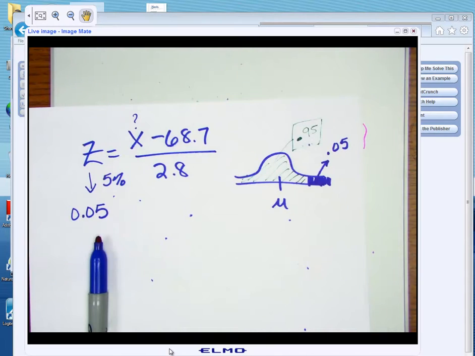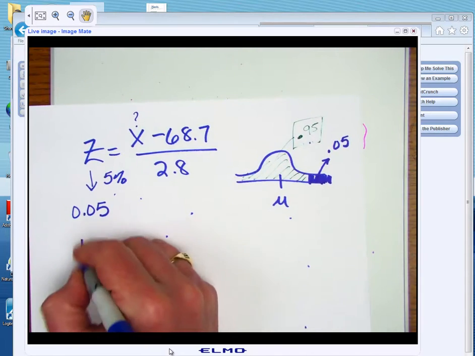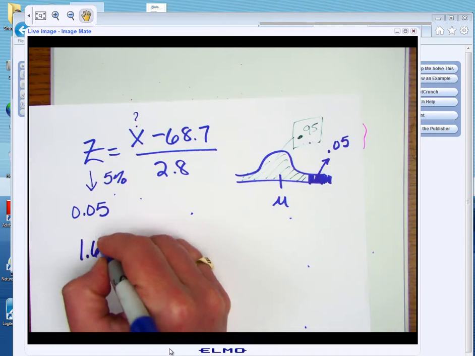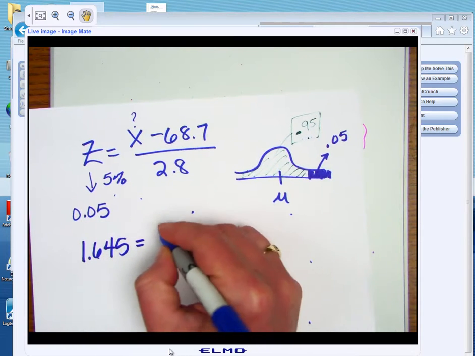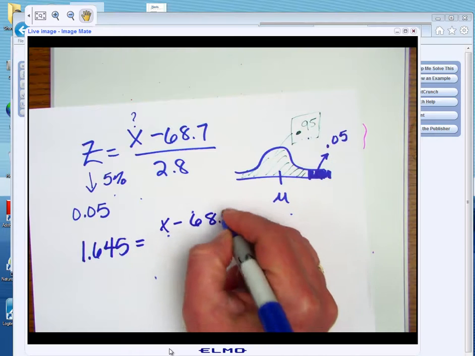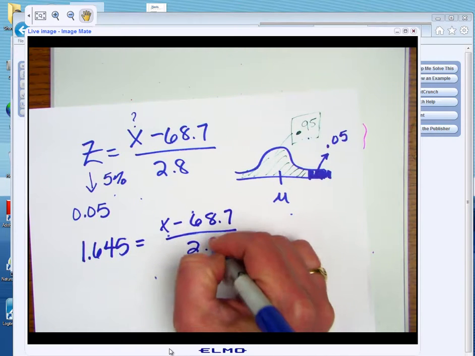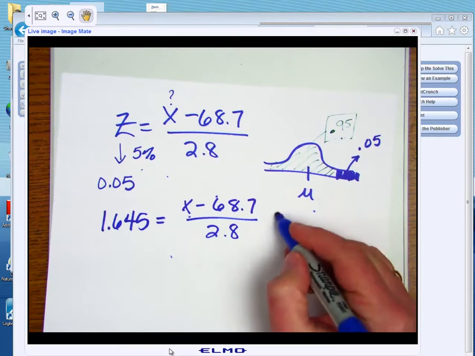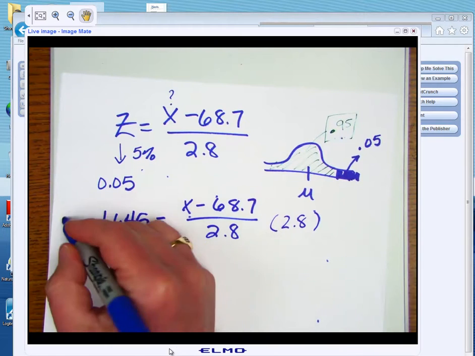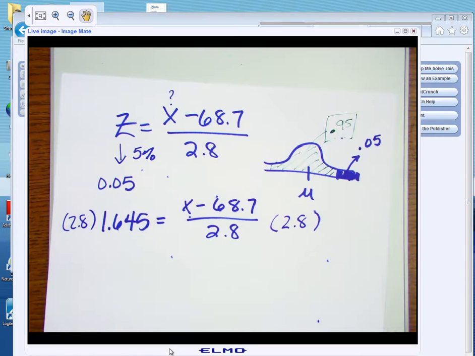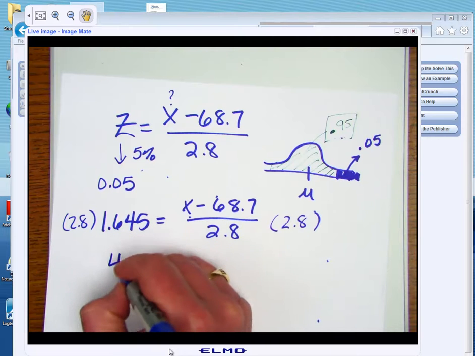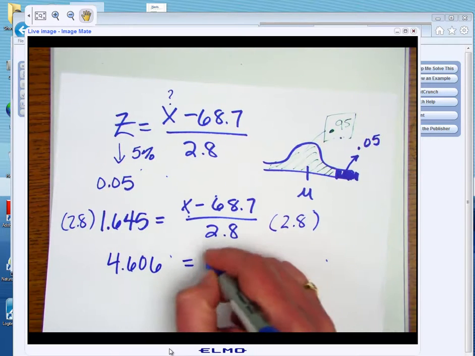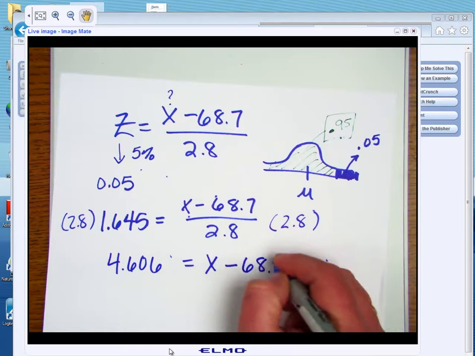So I'm going to fill that number in for z. 1.645 is going to equal x minus 68.7 divided by 2.8. And now from here, I can just solve for x. I'm going to multiply both sides by 2.8. So I get 2.8 times 1.645, which is 4.606, equal to x minus 68.7.